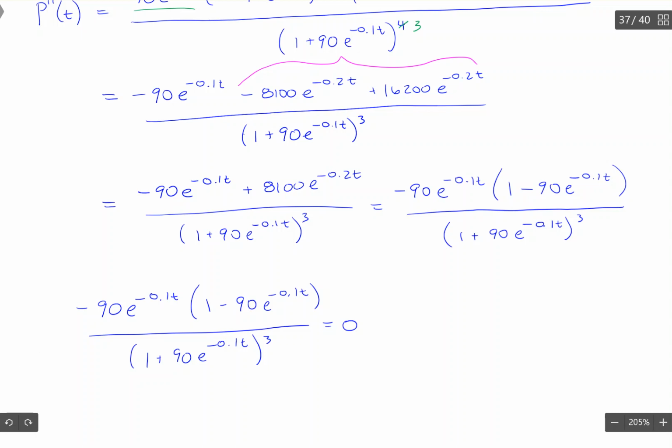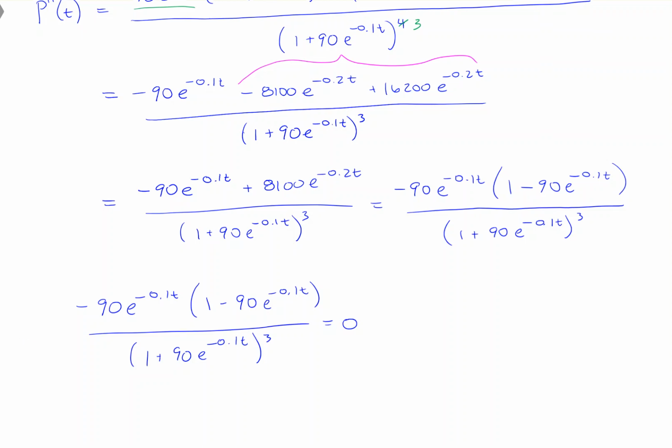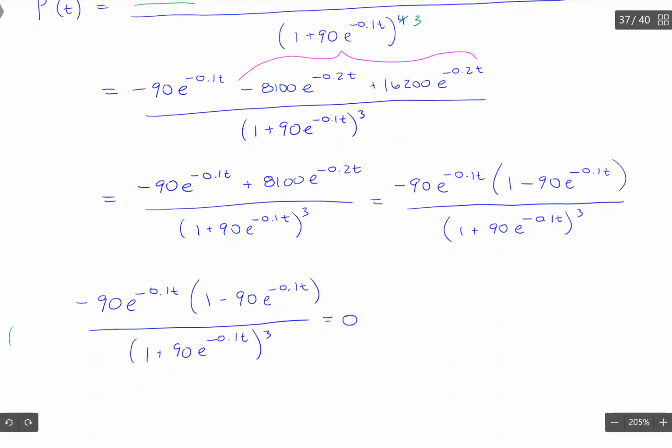If I multiply both sides of this equation by the denominator, I don't really have a lot of room to write over here on the left-hand side, but I'll squeeze it in. 1 plus 90 e to the negative 0.1t cubed, so I'm multiplying this side by that, and this side by that.